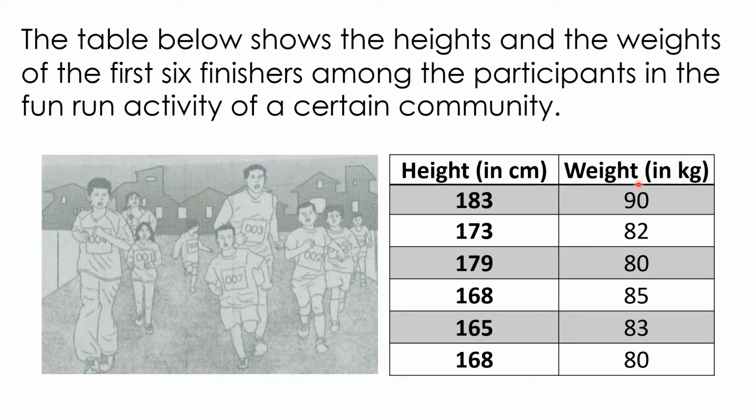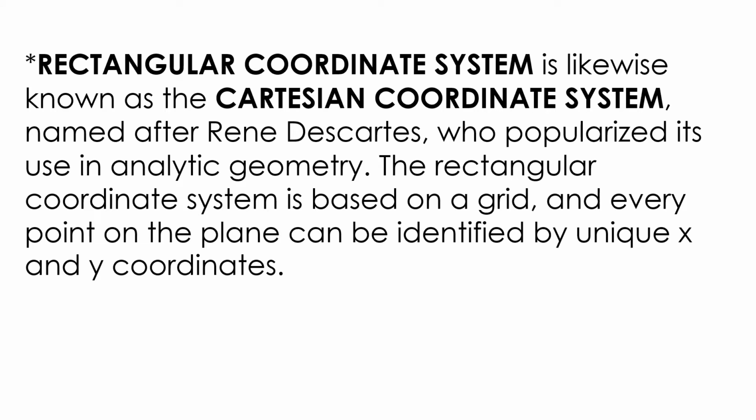And for the weight, in kilograms: 90, 82, 80, 85, 83, and 80. So we can use a rectangular coordinate system to plot those heights and weights, where the height is on the x-axis and the y-axis is the kilograms.